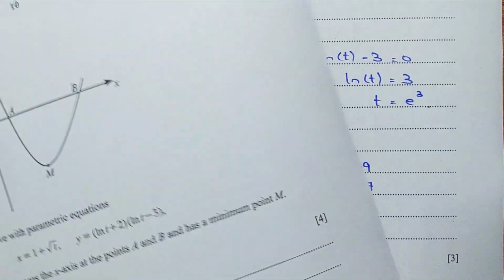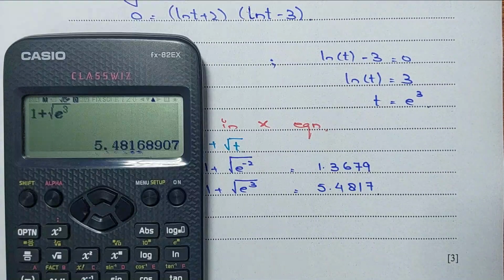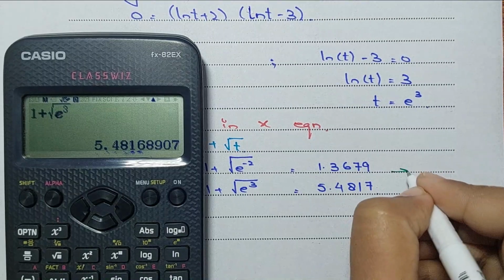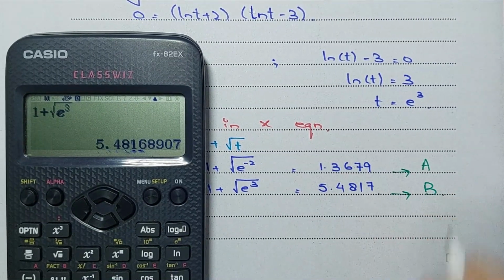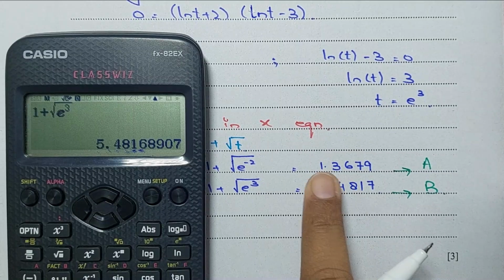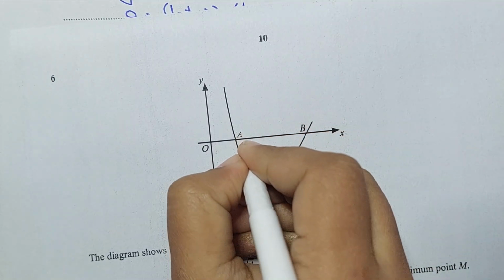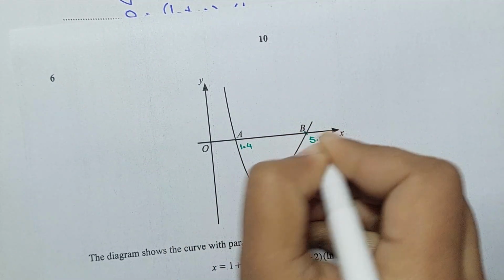Now look at the curve. The curve says A comes first and then we have B. So this is the x coordinate for A, 1.4, and this is for the point B, 5.5. So the x coordinate of A is 1.4, and the y is, this is 5.5.